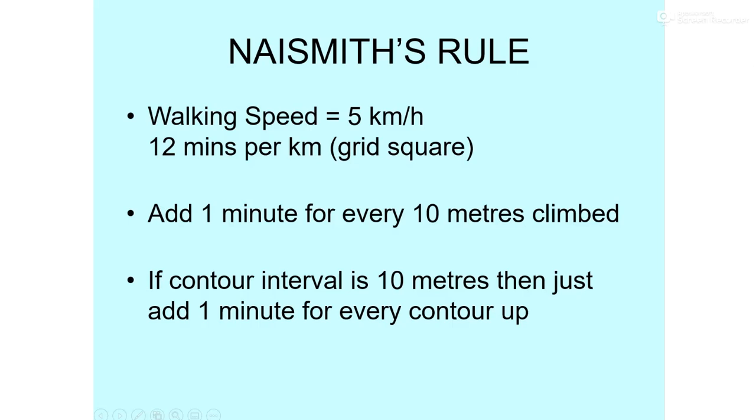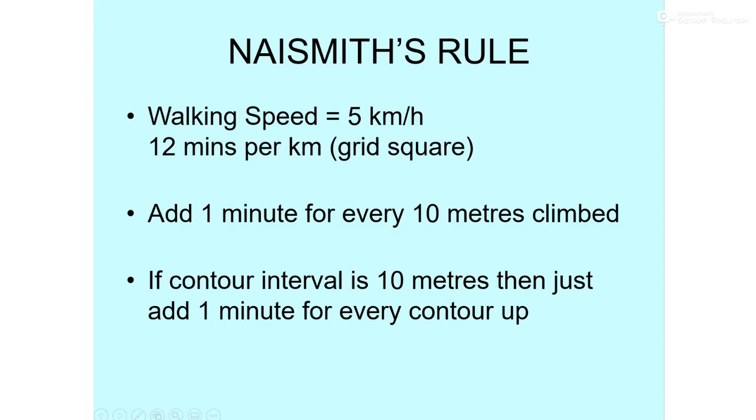So Naismith's rule says that you're going to walk at 5 kilometers an hour, which is 12 minutes per kilometer or 12 minutes per grid square, and that you would add 1 minute for every 10 meters that you go uphill. And if the map has contour intervals of 10 meters, then that's really easy because you just add a minute for every contour line that you cross going up. But that is for hill walkers, walking probably with a large rucksack on and at an all-day pace.